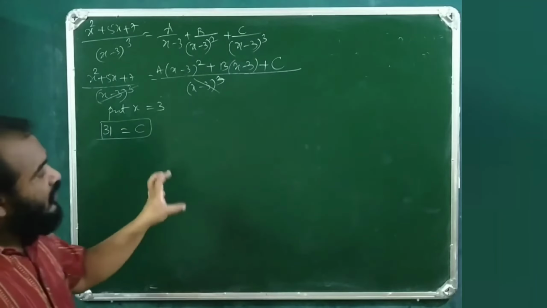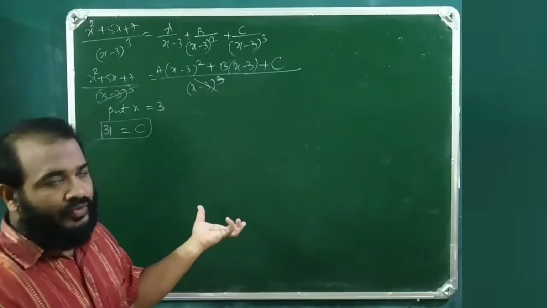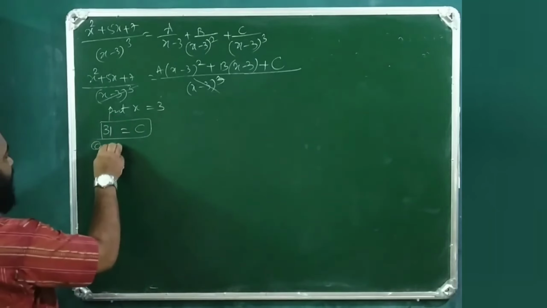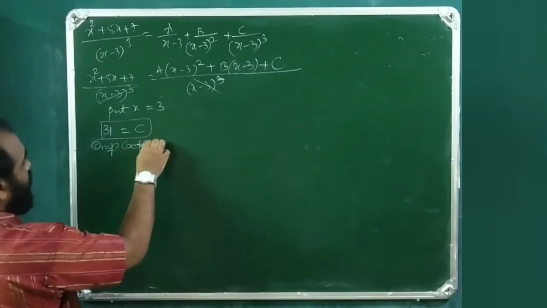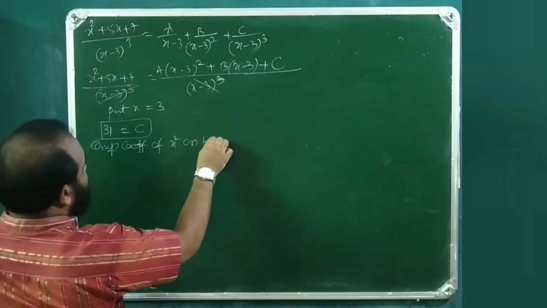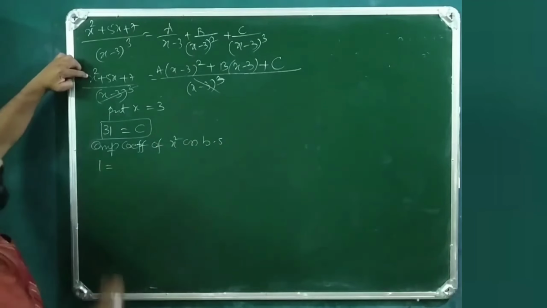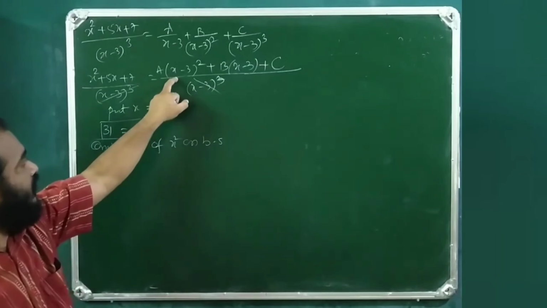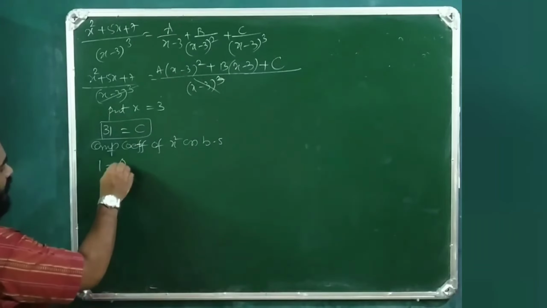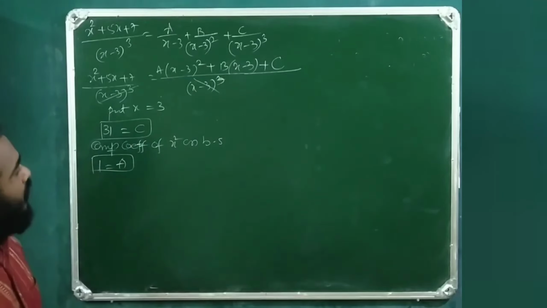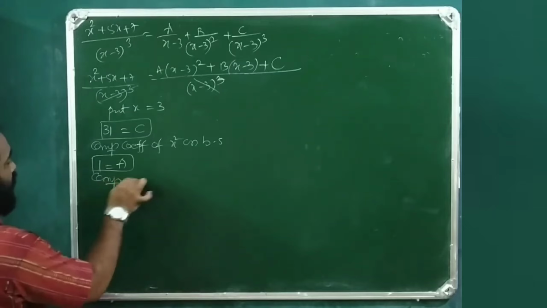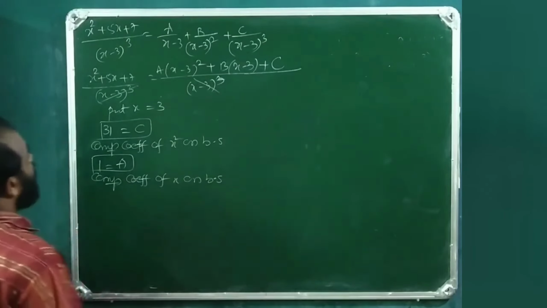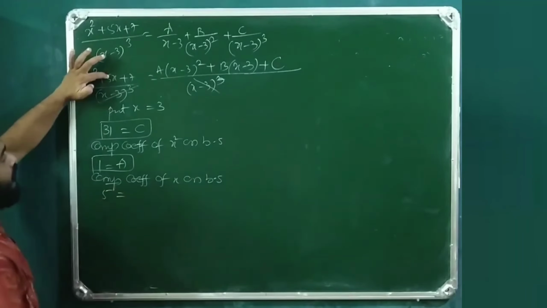Now to get the remaining constants, we have to compare the coefficients. Comparing coefficients of x square on both sides: here the x square coefficient is 1, and on the other side it is a. So a is equal to 1. Comparing the coefficient of x on both sides: here the x coefficient is 5.